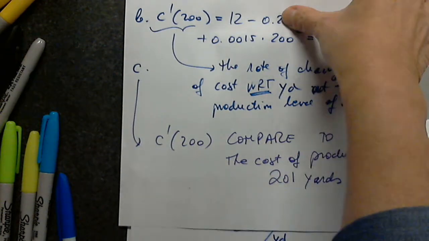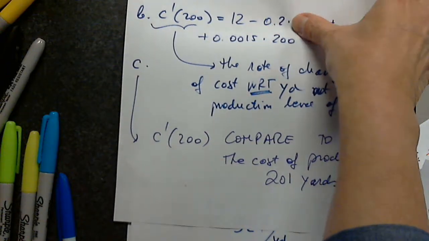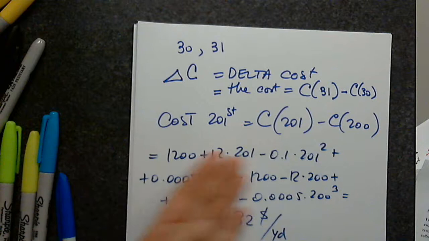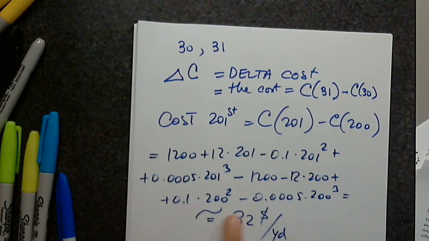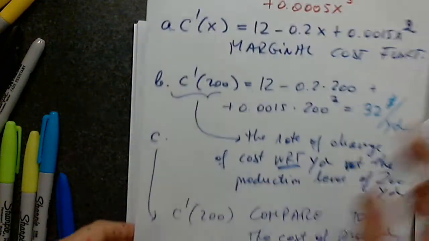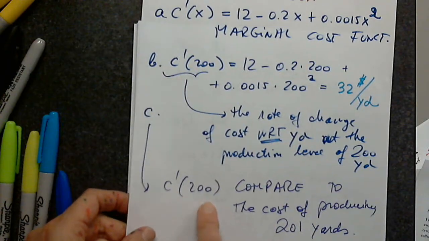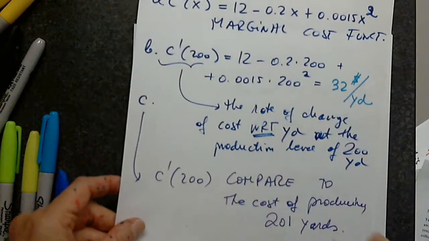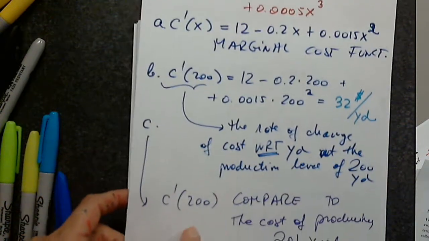And this is what we haven't calculated yet. I'm waiting for someone to calculate this and give me the answer. And then we will compare it to C prime of 200, which we know is 32. But we first have to calculate this, and then we will compare. Is that better?